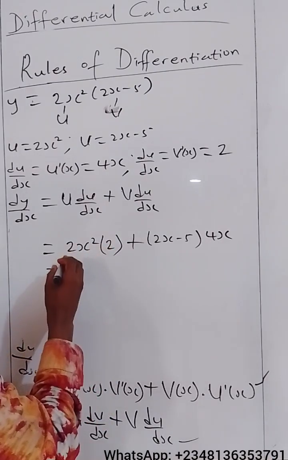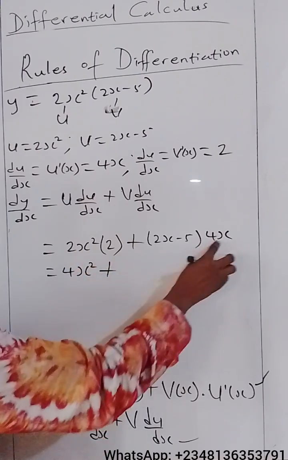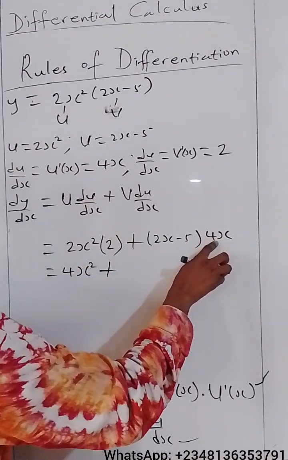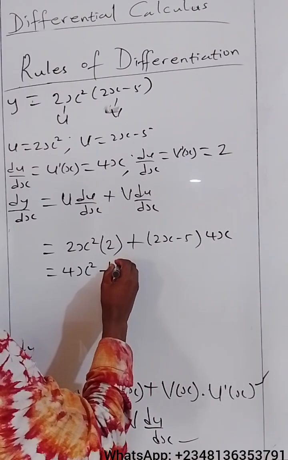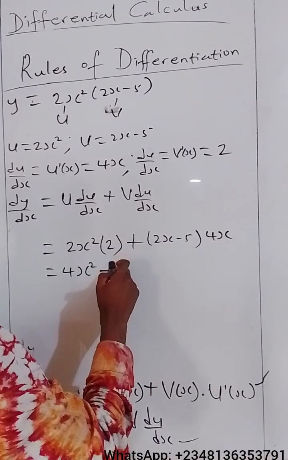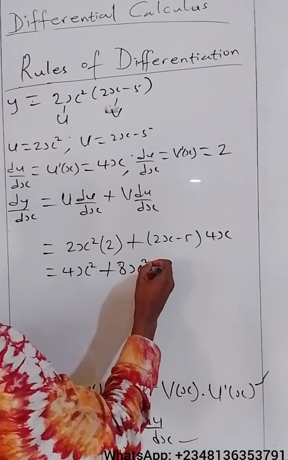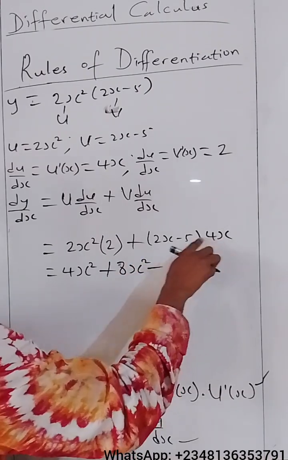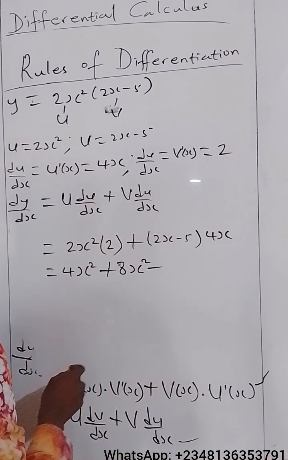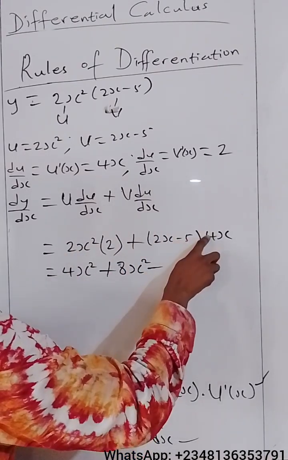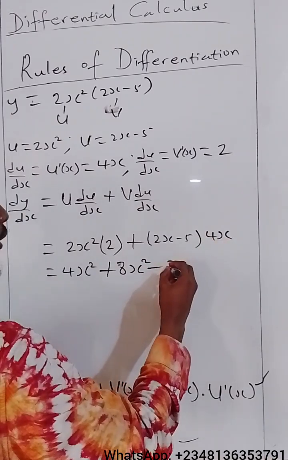Now, we can open the bracket. We have 2 times 2x squared, we have 4x squared. Then plus, we can open the bracket here: 4x times 2x will give us 8x squared. Then minus, so 4x times 5, because this is minus times plus, that's why we have minus, gives us 20x.